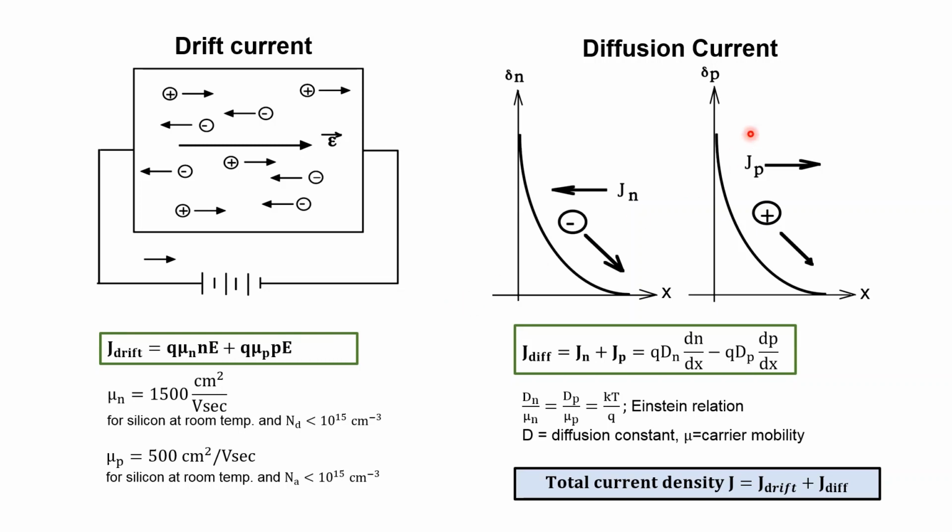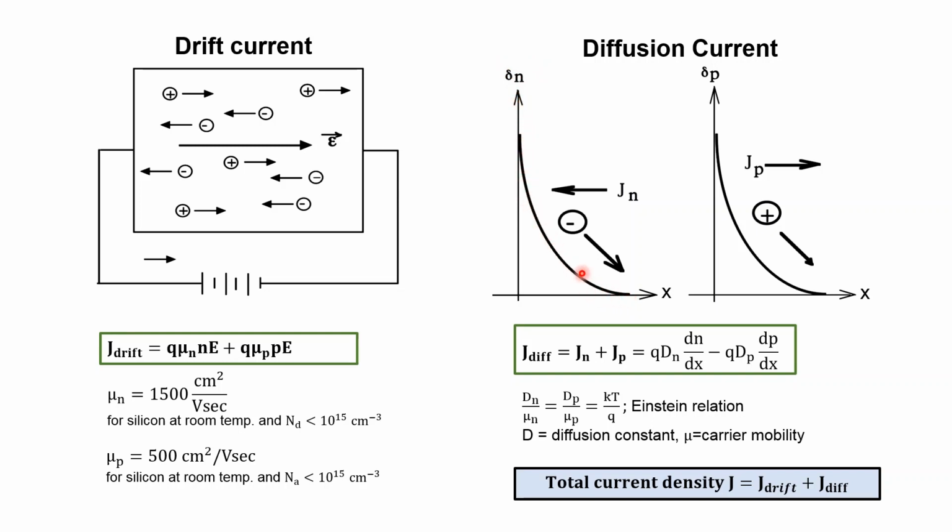Now another type of current in a semiconductor material is diffusion current. So diffusion current occurs due to the gradient in the free charge carriers. So here we are seeing this is the excess carrier density delta n. So with distance it is decreasing.